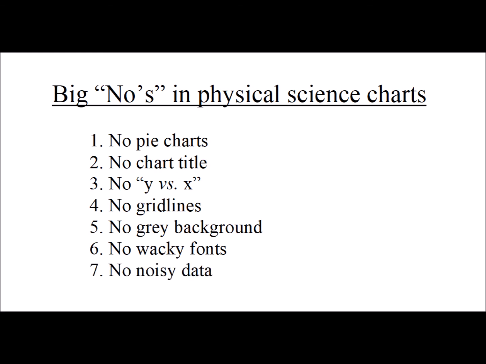Now for our seventh and final big no for physical science charts. I list this as no noisy data. And what I mean by this is that whenever we prepare these XY scatter plots, which are overwhelmingly the types of graphs that we make in the physical sciences, we always want to take a look at the final curve.